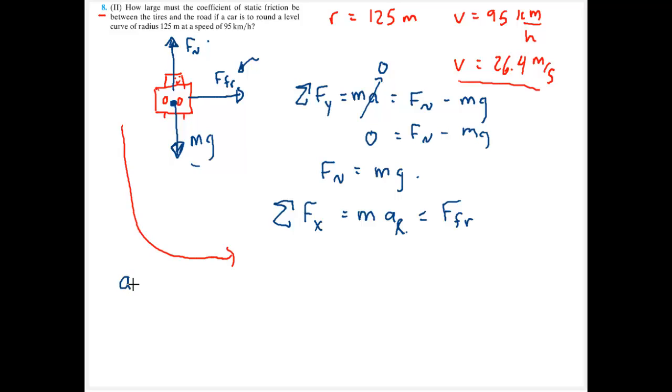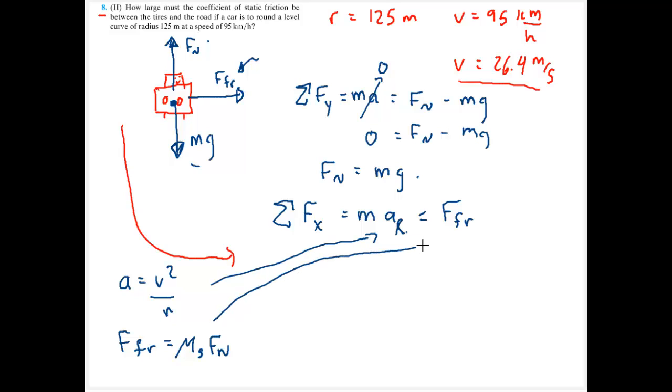And the radial acceleration is equal to velocity squared divided by the radius, so I'm going to plug that in right here. And I also know that my force due to friction is going to be mu sub s multiplied by the normal force, so I'm going to plug that in right there.